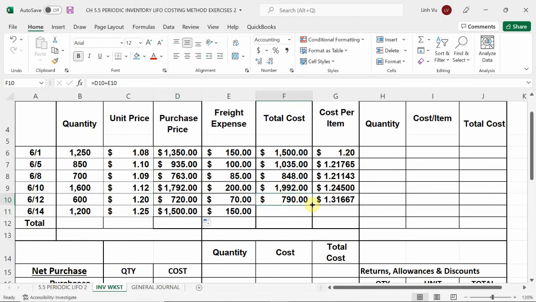Oh, okay, yeah, you're right, no worries. My total cost is 1,650. Oh, I calculated wrong, okay. So you add your 1,500 plus your 150.